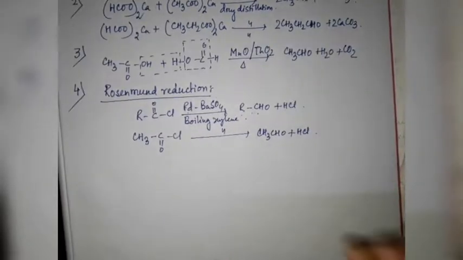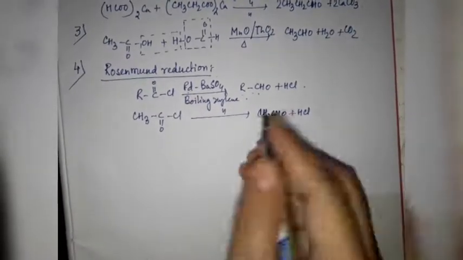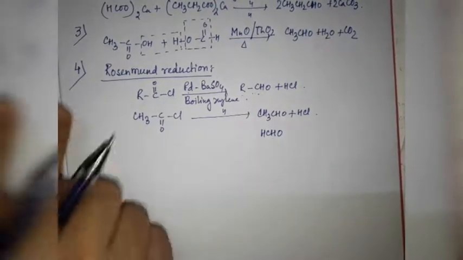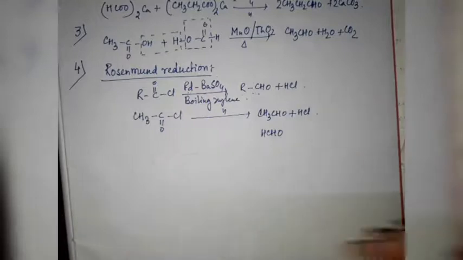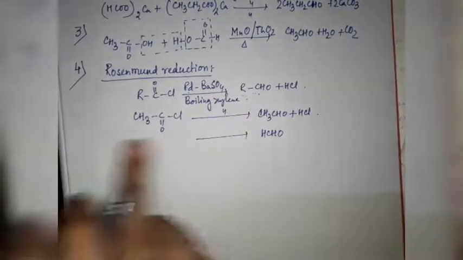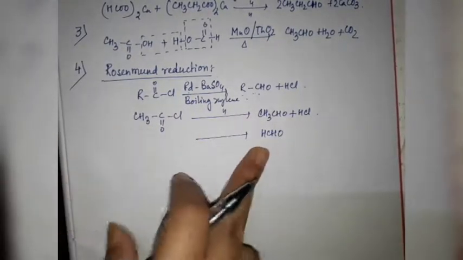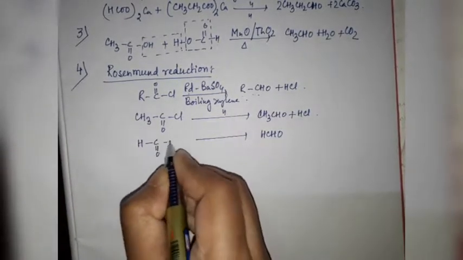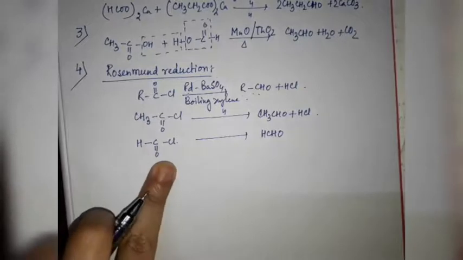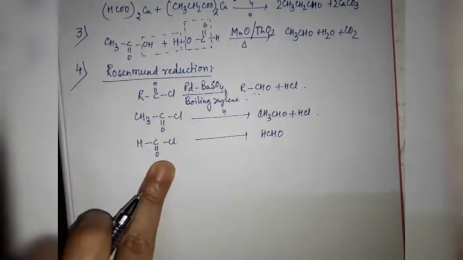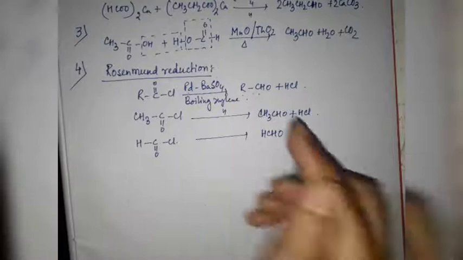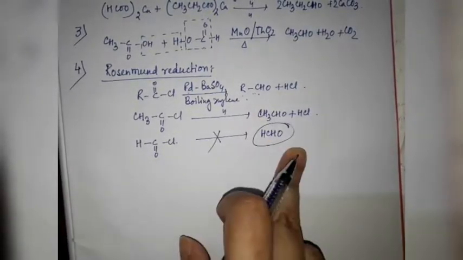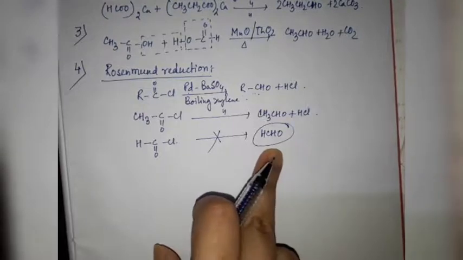But if you want to prepare HCHO, that means formaldehyde, by this Rosenmund reduction, this is not possible, because we have to take its corresponding acid chloride, HCOCl, right? This HCOCl is very unstable at ordinary temperature, so by Rosenmund reduction formation of formaldehyde is not possible.